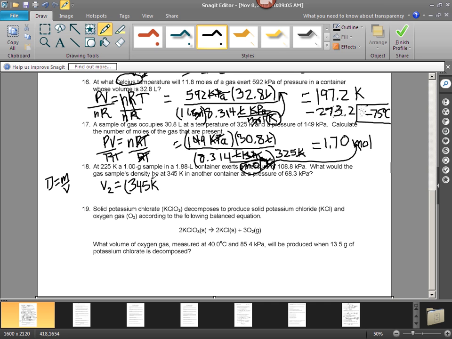345 Kelvin times the 108.8 kilopascals times the original volume, which is 1.88 liters, divided by the 68.3 kilopascals, which is the second pressure, the new pressure, and the original temperature is 225 Kelvin.